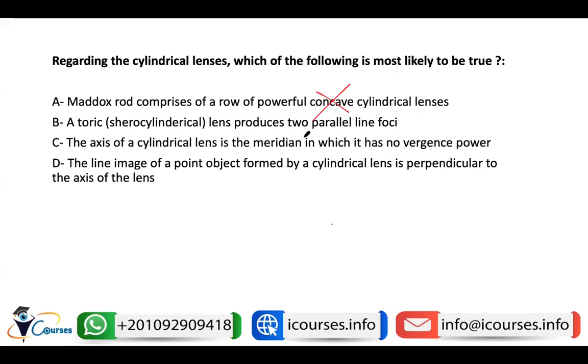A toric lens will produce two line foci, which will be perpendicular to each other. The axis of the cylindrical lens is the meridian which has no vergence power. We mentioned before that this is the correct answer.